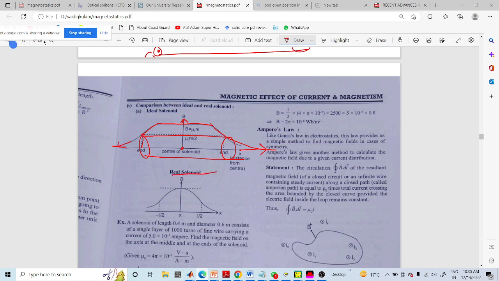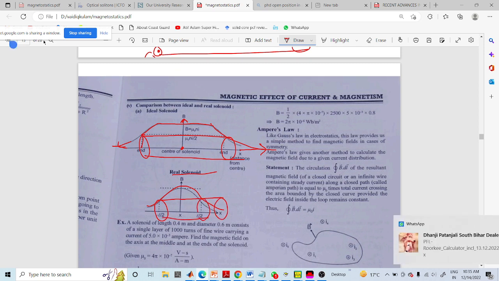But in a real solenoid, it is something like that. If we have a solenoid with length L, half of it, L by 2, is on each side. So in the solenoid, the magnetic field varies like this.